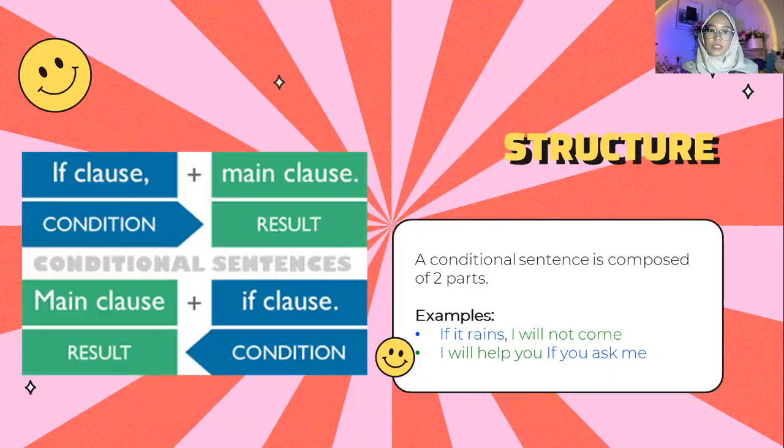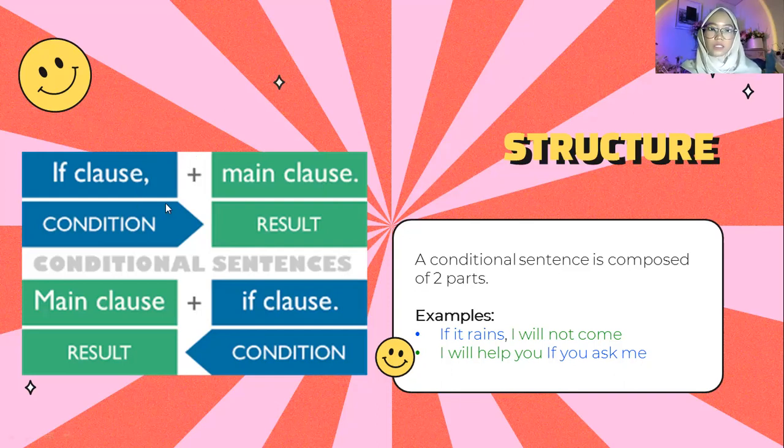To make the understanding of conditional sentences easier, I will explain the structure of the sentence. A conditional sentence is composed of two parts. As you can see in the picture, there is the if clause and the main clause.